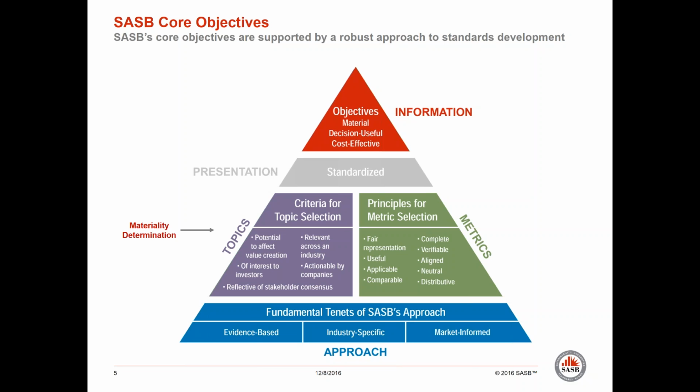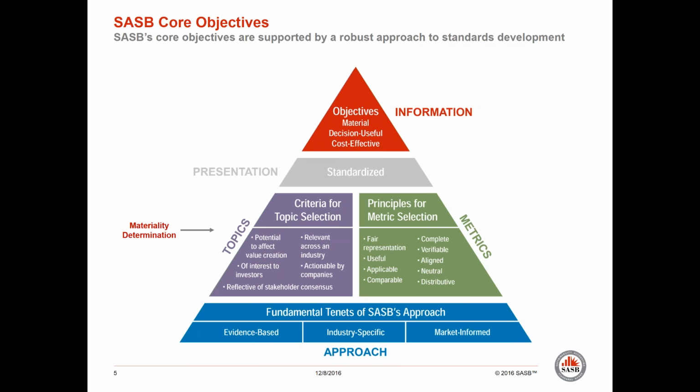We want to ensure that the topics we use in each industry are relevant across the entire industry, not specific to a single organization, that those topics are of interest to investors, that they are actionable by companies. These are things that companies can actually take steps to manage in their operations, and that these are reflective of consensus across issuers and investors.